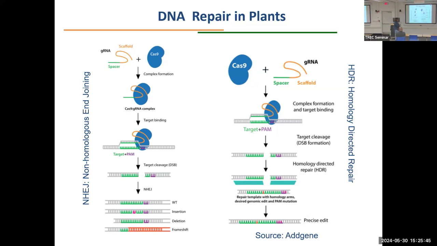When it binds to the target sequence, this complex breaks the DNA into double strands. At this time, by the non-homologous end joining repair mechanism, this is repaired, and at the site of repair, insertion, deletion, or frameshift mutation takes place. That is how editing happens.